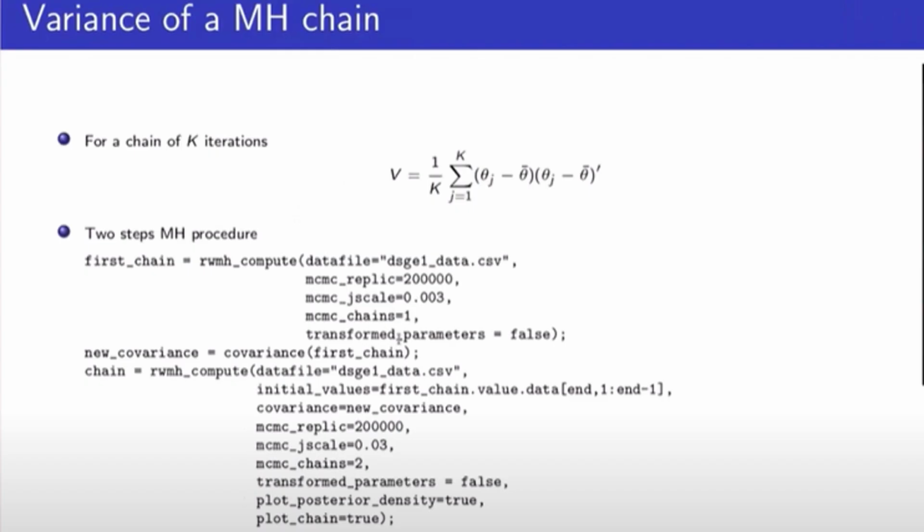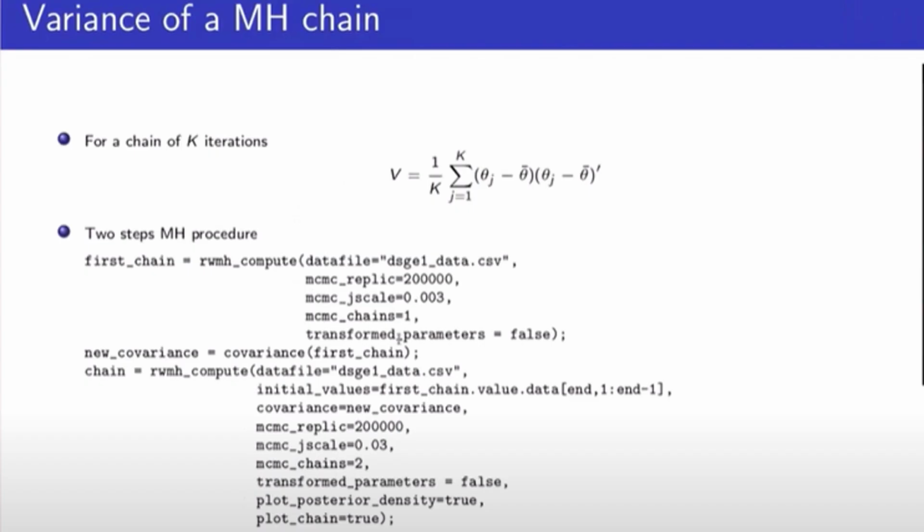But now we don't want to take the prior mean, we want to continue where the first chain ends. To refer to the last element of the first chain, we use this expression, the last row of the sample. We take the last one because the last one is in fact the first posterior value of the parameters.